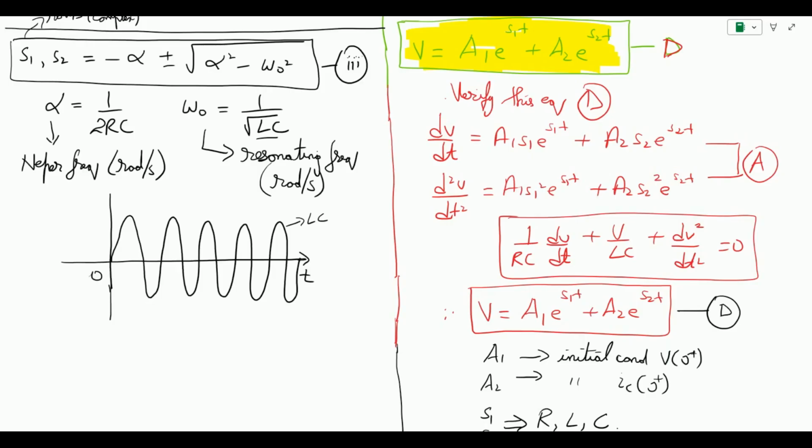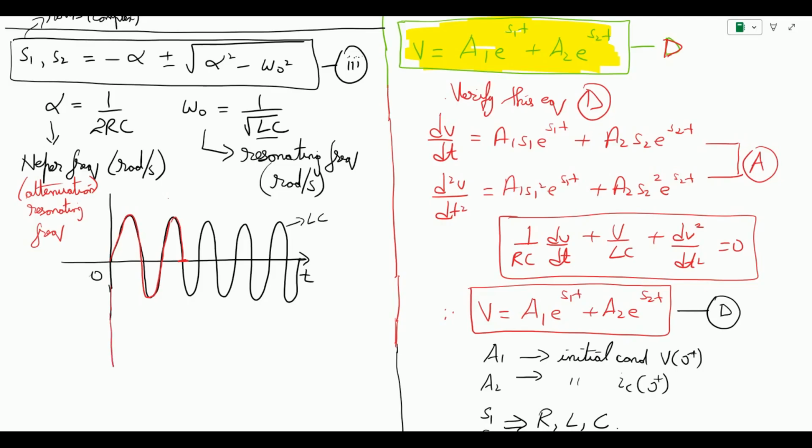On the other hand, alpha is the Neper frequency, or we call this the attenuation of the signal. Attenuation of the resonating frequency means that if any signal is resonating, let us say over here, the Neper frequency is going to help us bring this signal back to zero, or decay the signal.